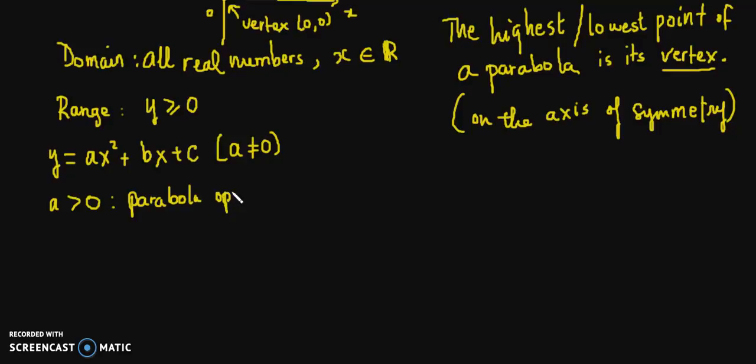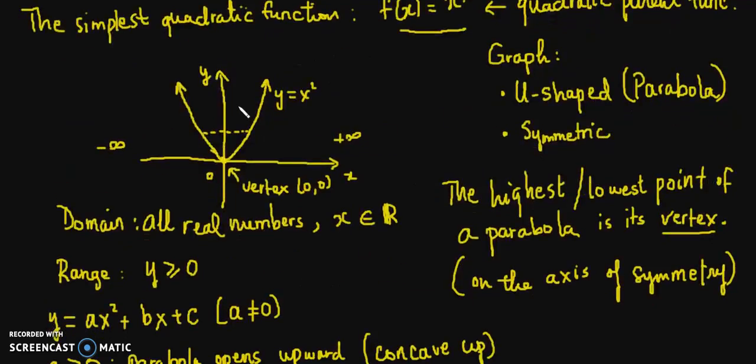Another word for this is concave, so it's concave up. Here a is 1, which is positive, so it opens upward, concave up.